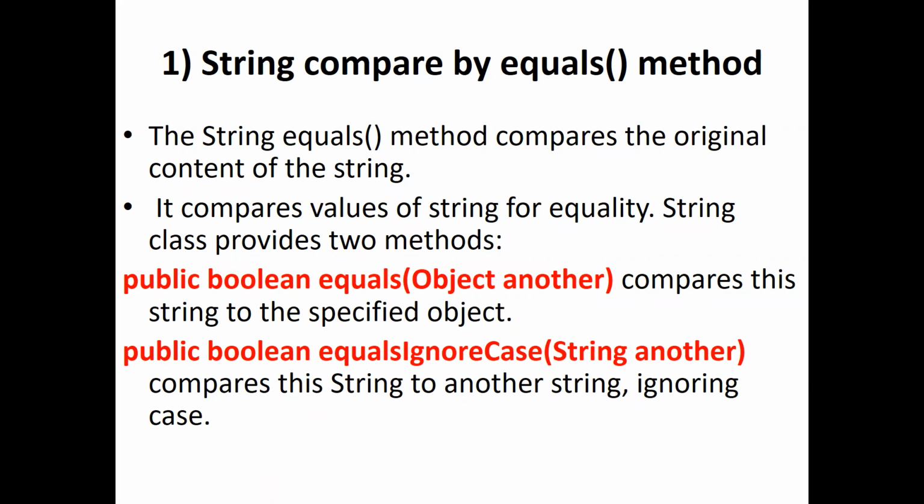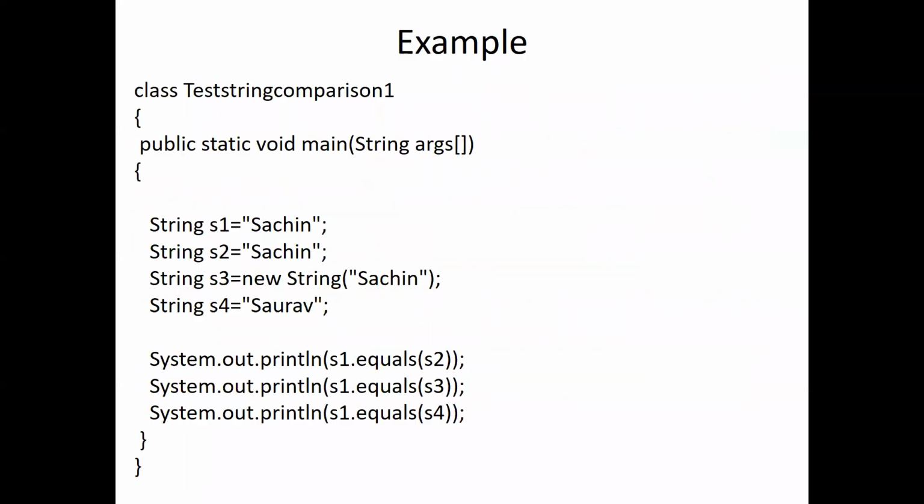If string s1 is equal to "abc" and string s2 is equal to "abc", then when you call s1.equals(s2), the JVM first checks each character to see whether it matches or not. Only then will it return the result accordingly. So that is the equals function.